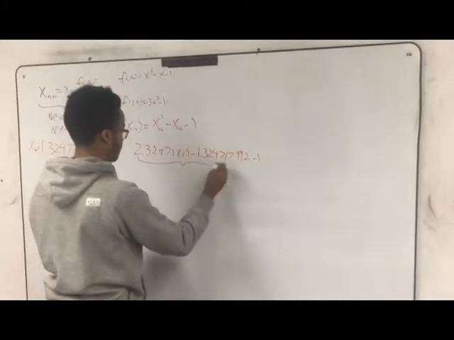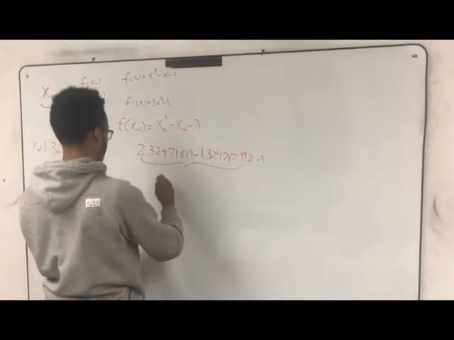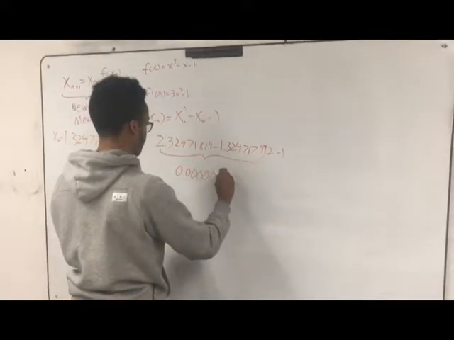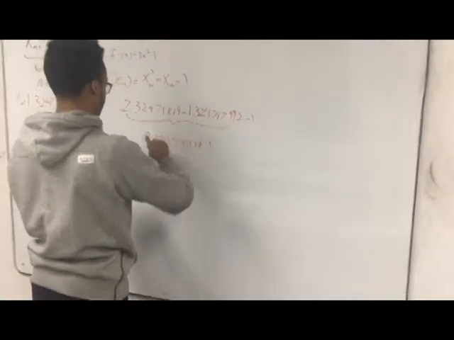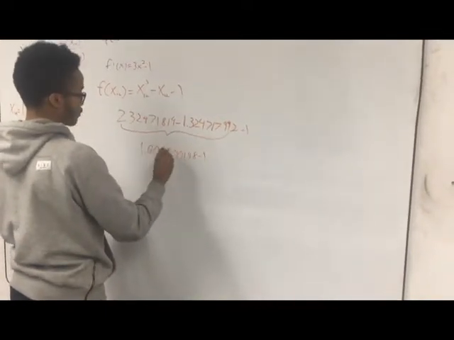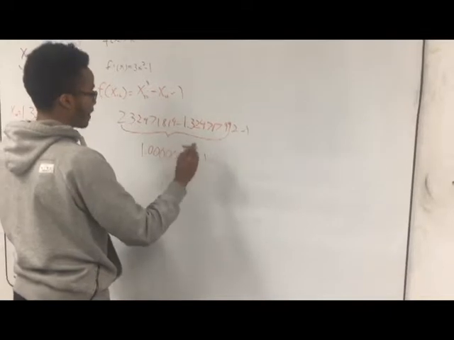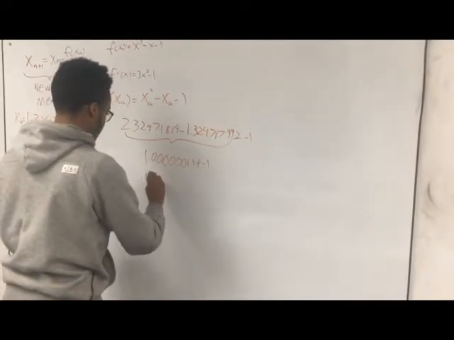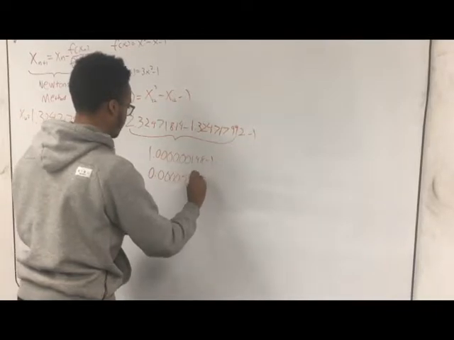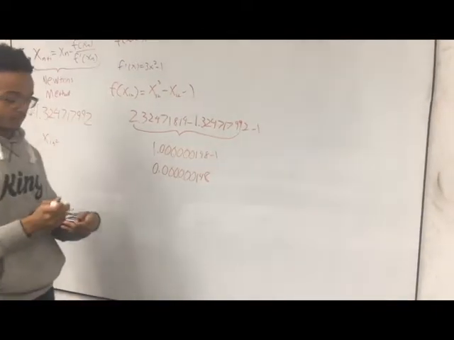Now this comes out to 0.000000148 minus 1.000000148 minus 1 is 0.000000148, which is our function.